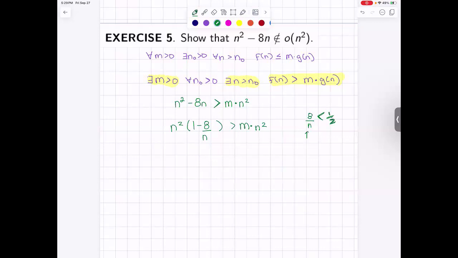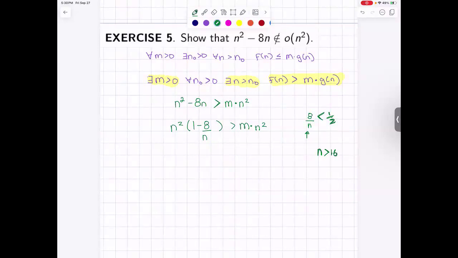And so here we can see that 8 over n, to get equal to a half, we would have to pick an n of 16. So if we pick an n of at least 17, we know that we're going to be less than a half. So let's go with n needs to be greater than 17. Well, I guess n needs to be greater than 16 for this to work.